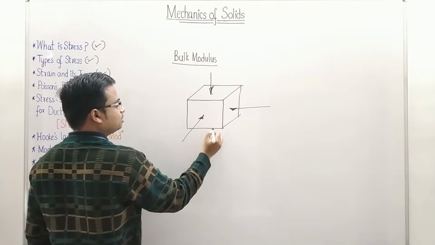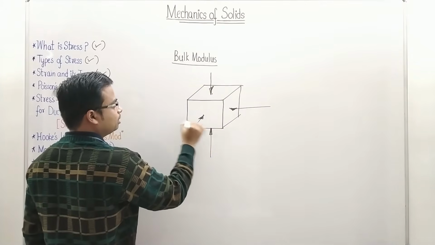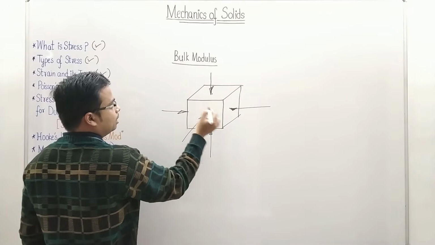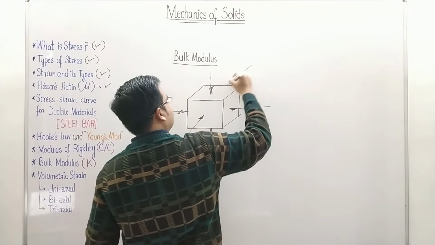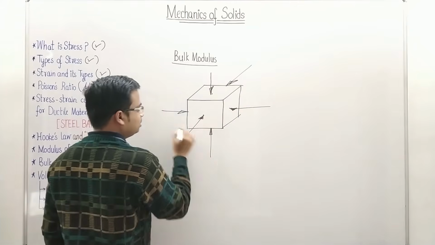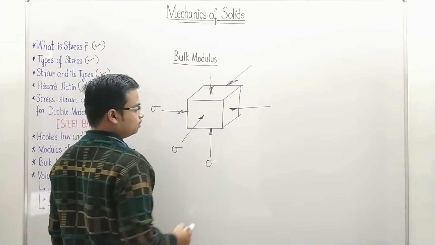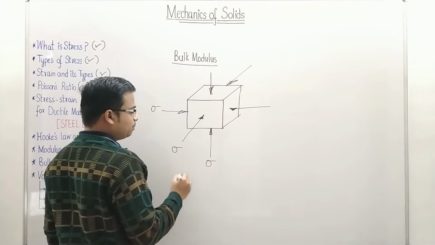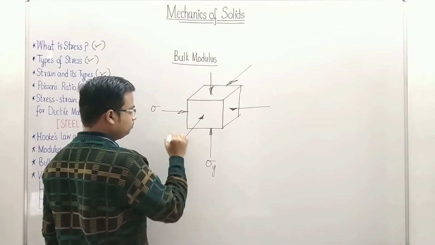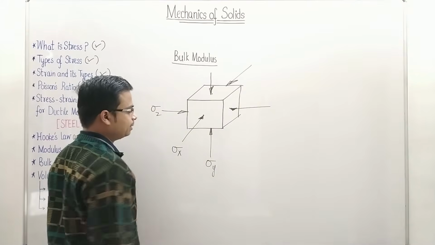To be very precise, it's something like this, from here and also from the back. Sigma, let's say I'm writing it over here, sigma, then sigma and sigma. So along three mutually perpendicular directions, let's say sigma X, sigma Y and sigma Z.